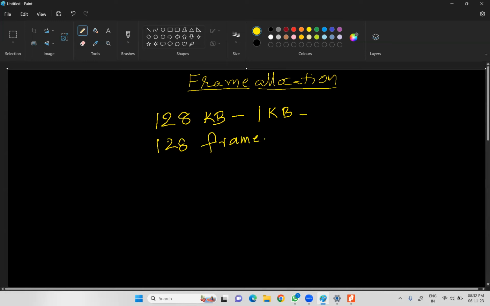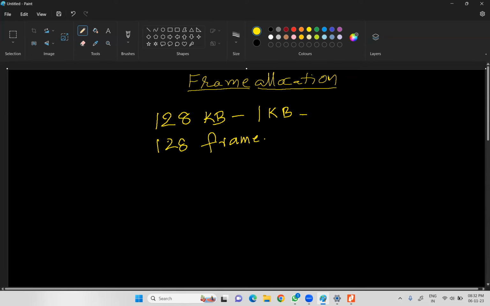As we know, a frame is physical memory and a page is logical memory. The CPU-generated address is always in terms of pages, whereas physical memory always identifies frames only. That is why a page table is required between the physical memory reference and the logical memory reference.